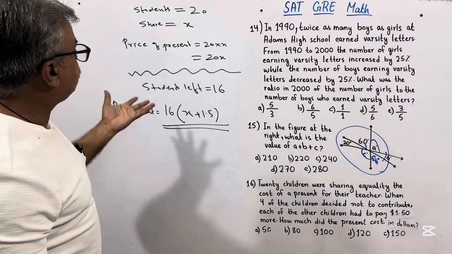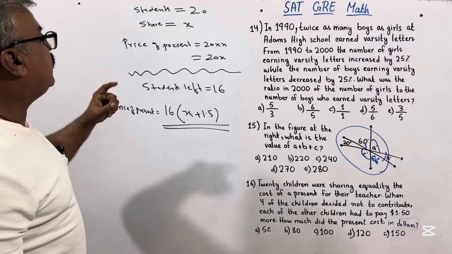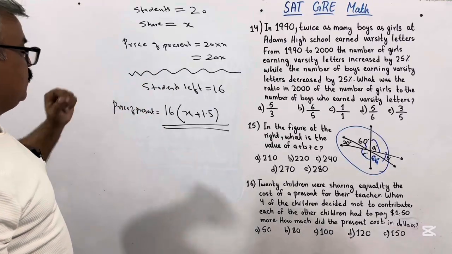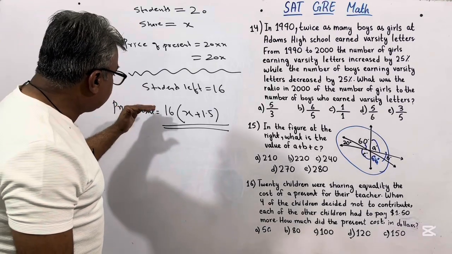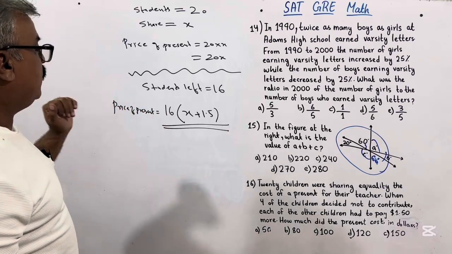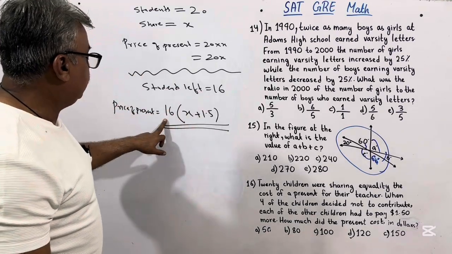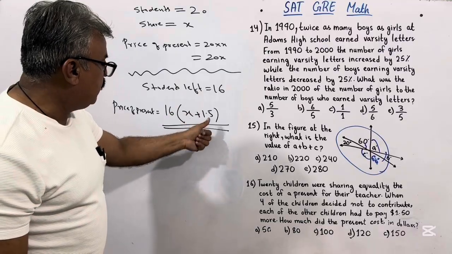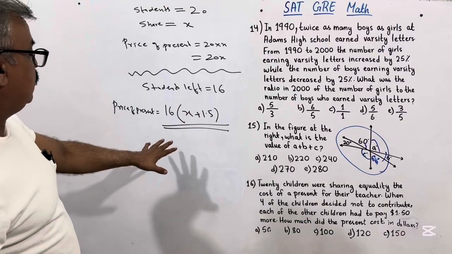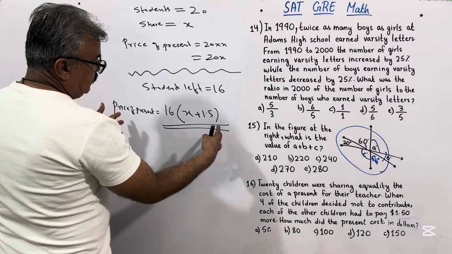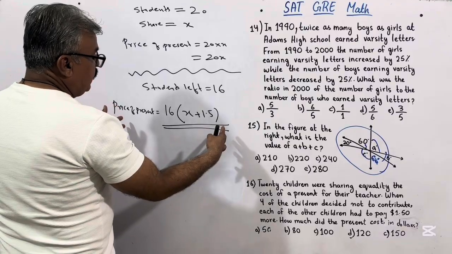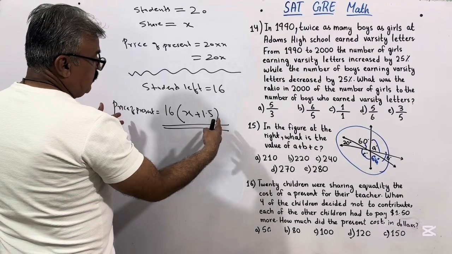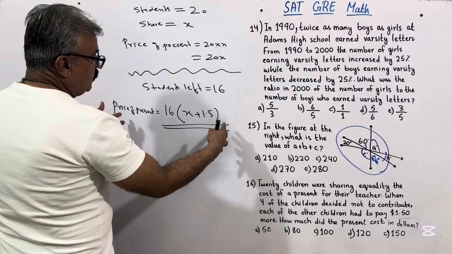Here the number of students is 20, sharing X dollars. Here the number decreased by 4, 20 minus 4 is 16, and they have to pay an additional $1.5. This is the same price of the present when 4 students left.